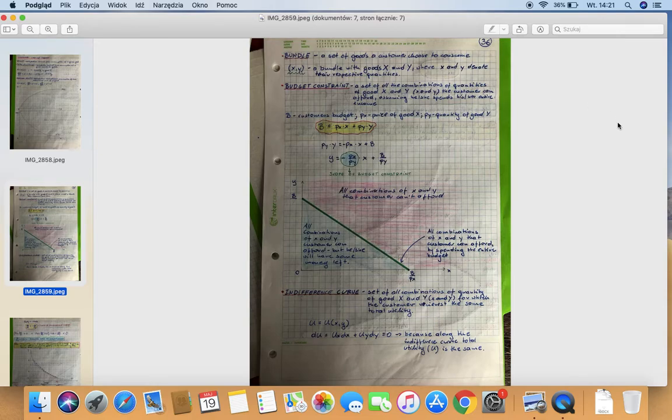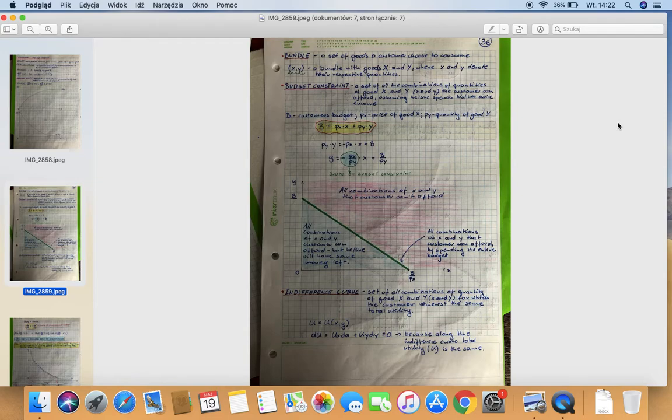Okay, so now let's move to a situation when we need to choose between more than one good. And we will actually concern ourselves only with the choice between two goods. In microeconomics, we use very specific tools to describe the situation. So let's introduce a couple of the definitions we use there. First, a bundle. A bundle is a set of goods a customer chooses to consume, right?